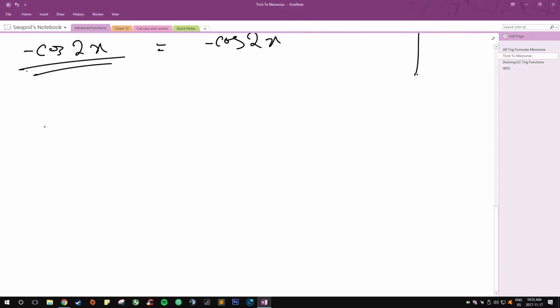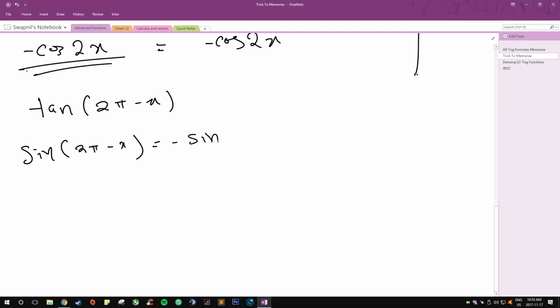Okay, let's do tan of 2 pi minus x. Alright, so first let's do the sine of 2 pi minus x. And remember the trick. Sine of 2 pi minus x is in the fourth quadrant, so it would be negative sine x.